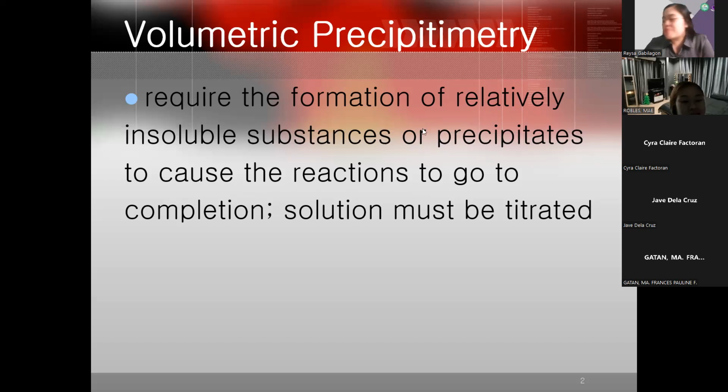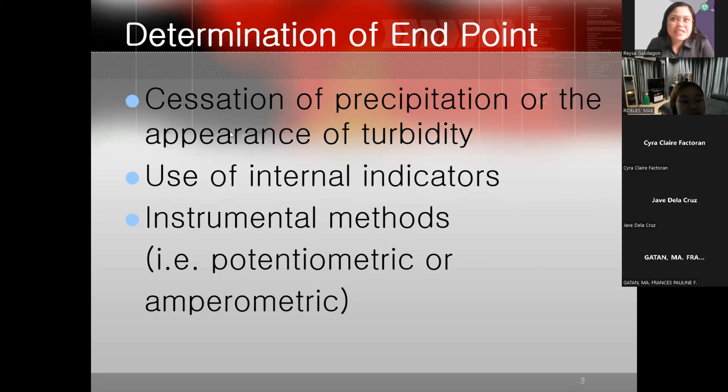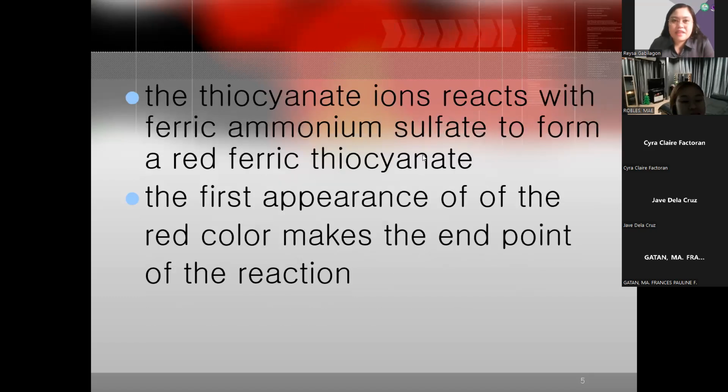So from the name itself, precipitometry, the reaction or the process is only possible if the reaction between the analyte and the titrant will result to the formation of the precipitate, either formation of precipitate or cessation of the existing one. Just like our acid-base titration, we also have indicators here that will help us determine the endpoint.